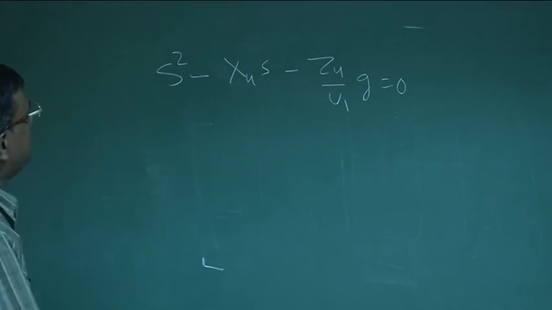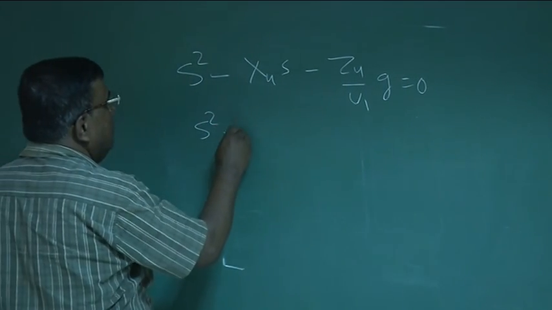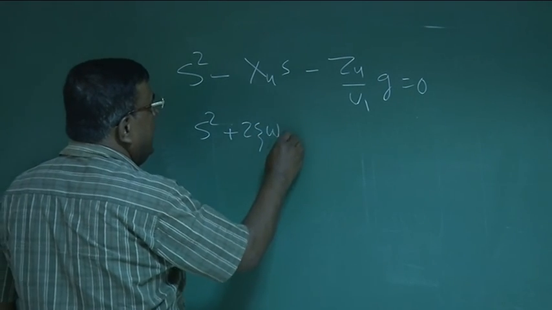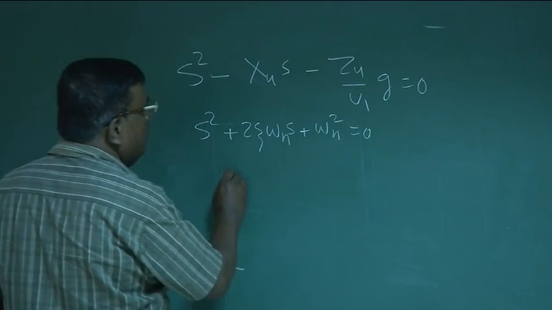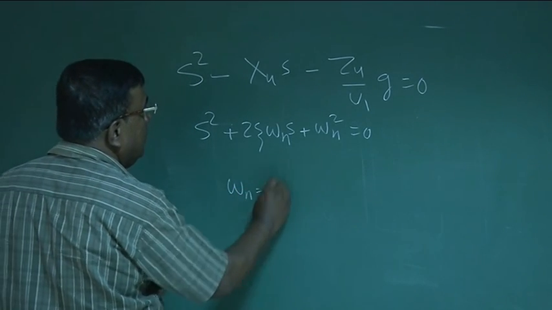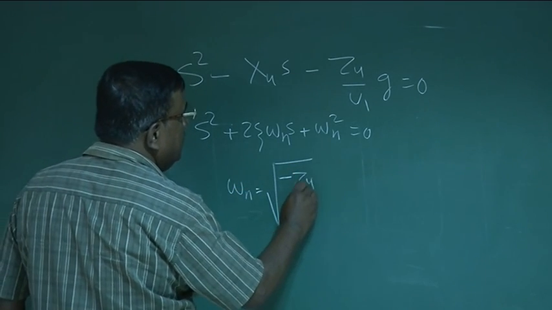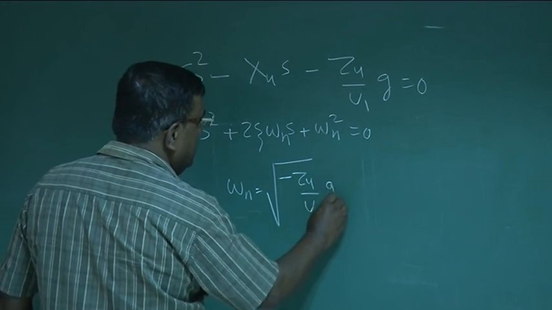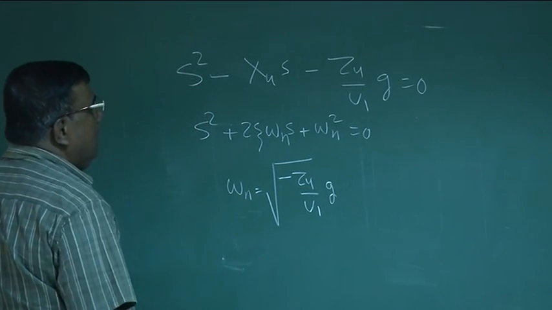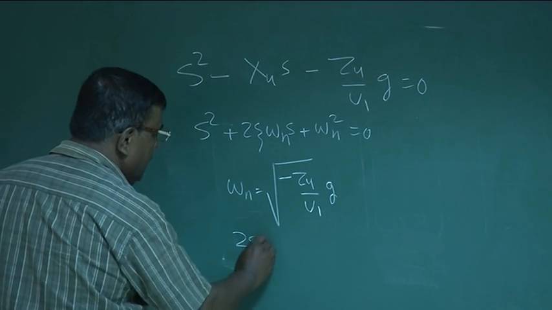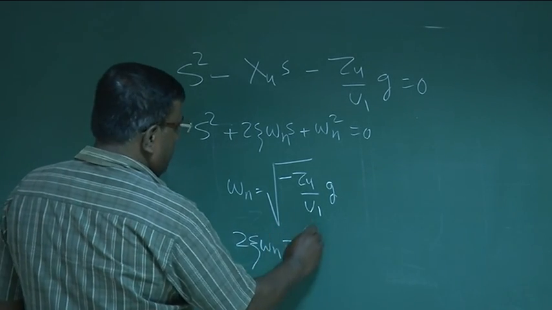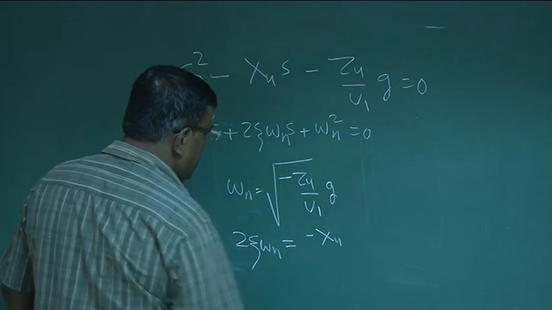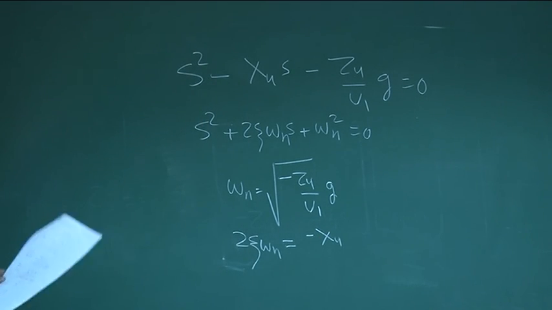Again you see, this is of the form s squared plus 2 zeta omega n s plus omega n squared equal to 0. So I know omega n is equal to the square root of minus zu by u1 into g, and 2 zeta omega n equal to minus xu, that's all.